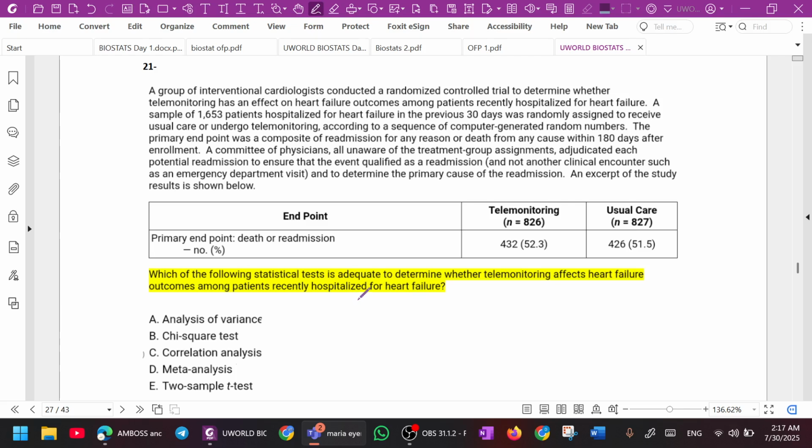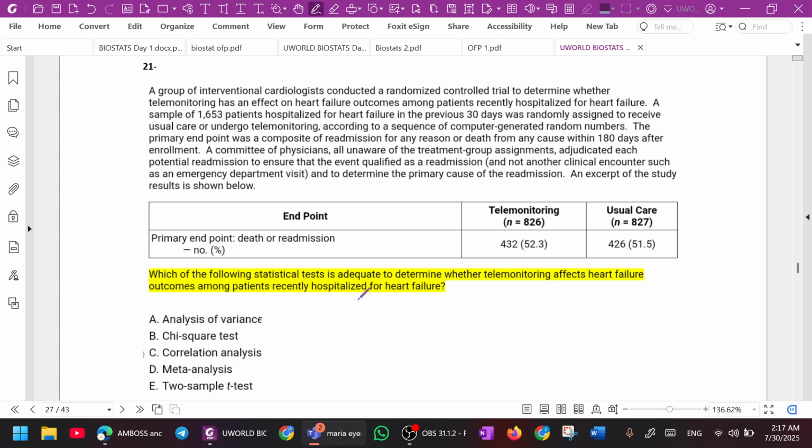in categorical we do not deal with the mean. We deal with the category, that here the primary endpoint, death versus readmission, based on the telemonitoring or usual care.